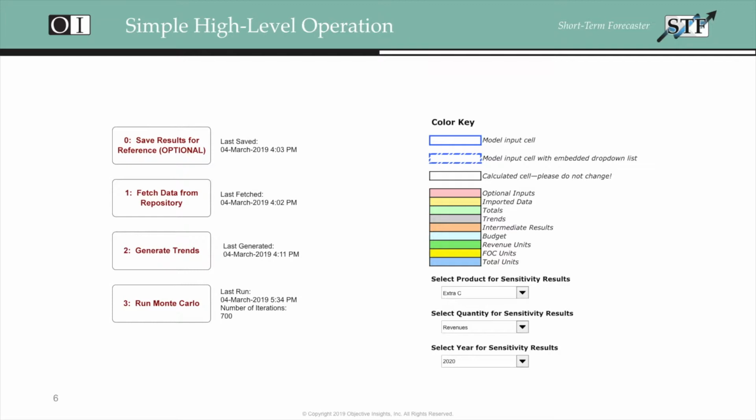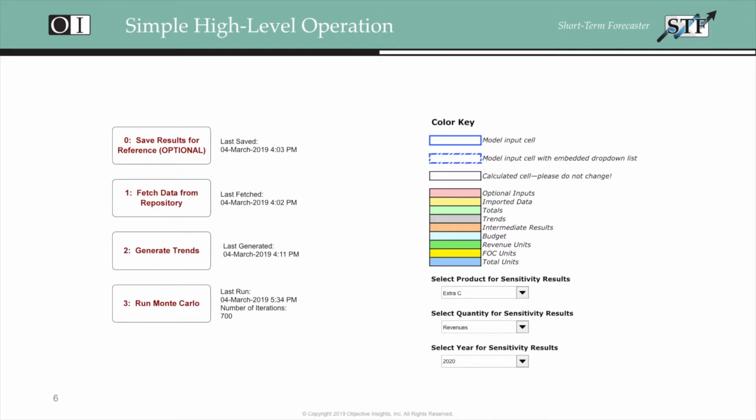Button 1 fetches data from the data repository and automatically puts it into this model in the proper place. Button 2 generates all the trends, and there are a number of trends that are calculated in this model. Button 3 is also optional, and it runs the Monte Carlo simulation.